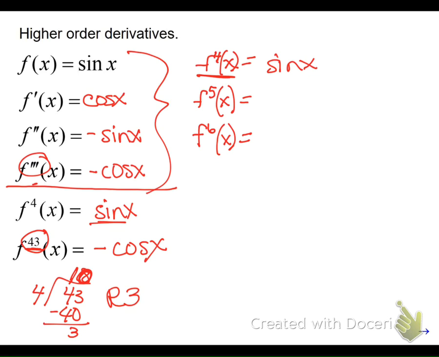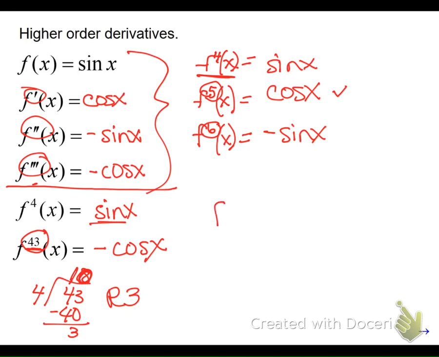The next derivative of sine would be cosine, and that's because 5 divided by 4 has a remainder of 1, same as the first derivative. The sixth derivative is the derivative of cosine, which is negative sine, and using the divide by 4 thing, there's 2 left over, so it's the same as the second derivative.